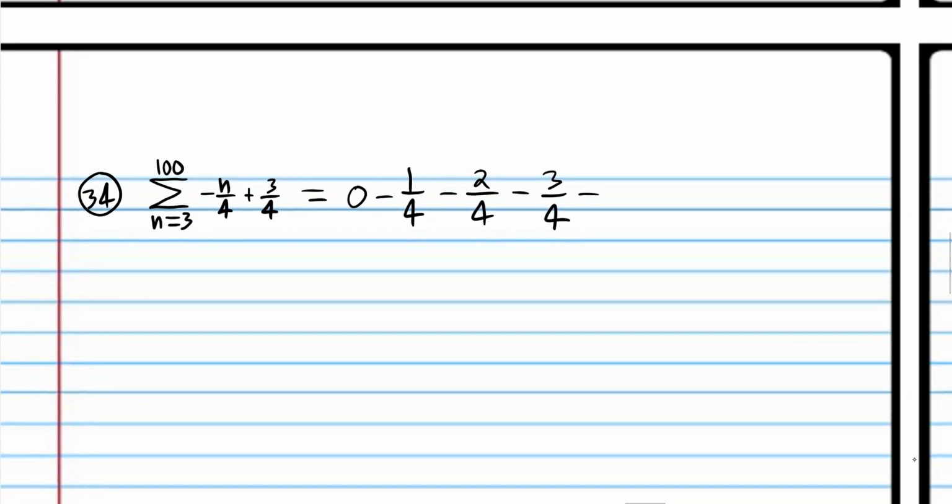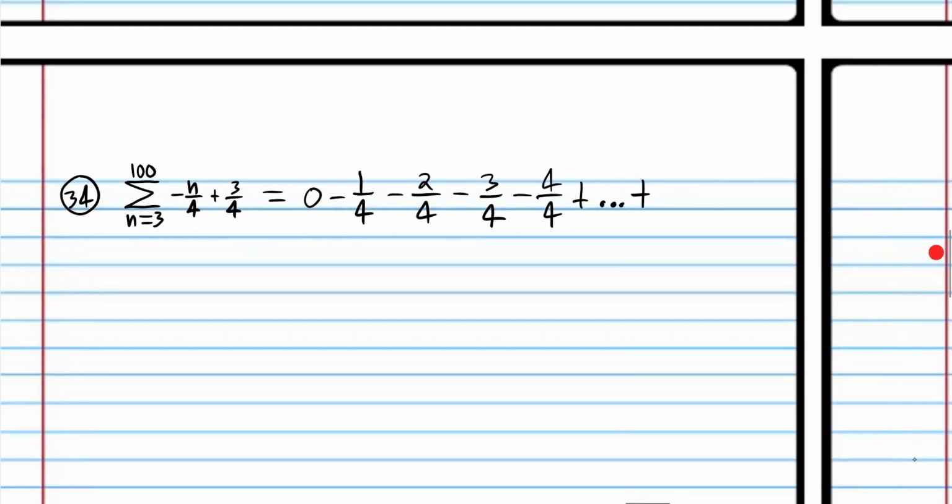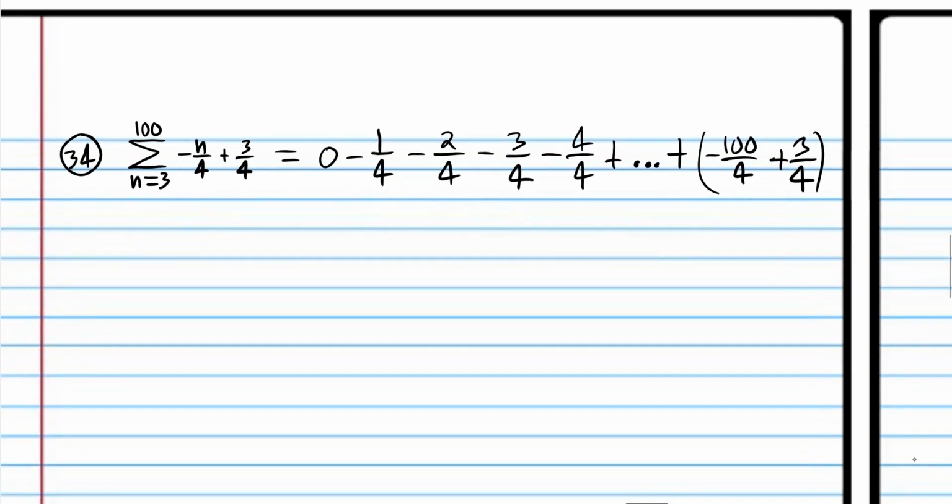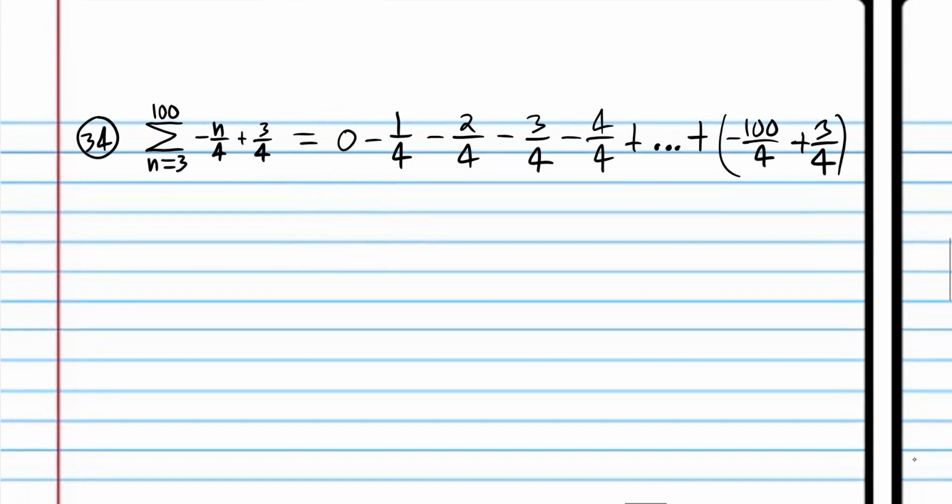Plug in 7, and you get negative 4/4, and you can see what's happening here. Again, in this case, it's easier not to simplify the fractions. Then you plug in 100 for the last term. And I'm just using parentheses to show that those numbers are all one term.